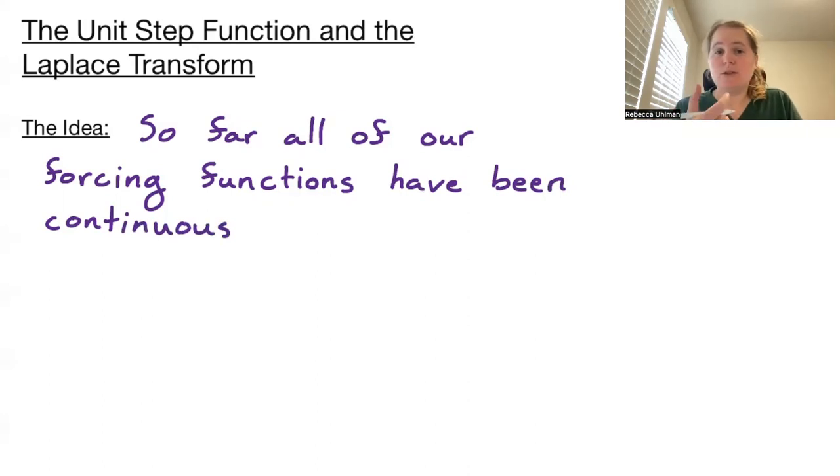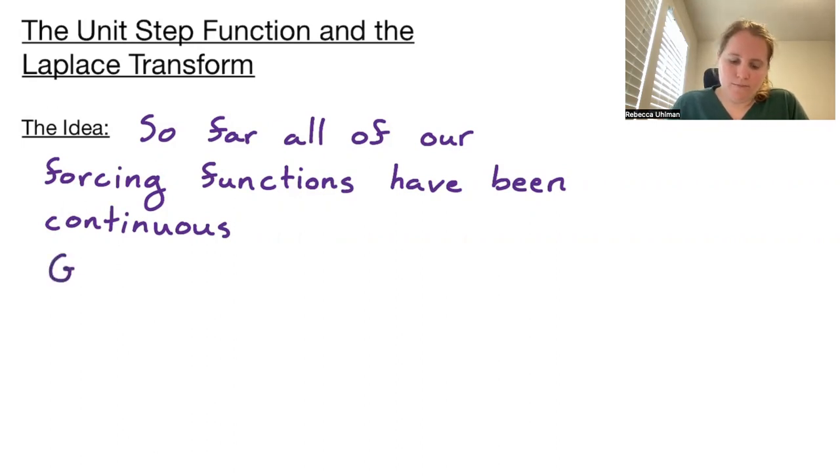Otherwise, we were forced to just solve for a solution sort of within an interval of continuity. And so now our goal is to start to work with functions which are not continuous.